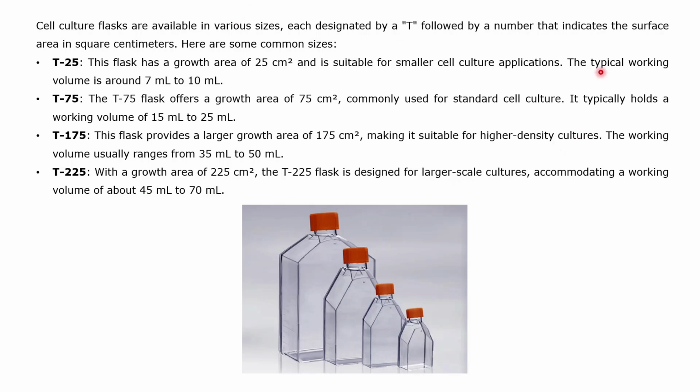So these are what the terms dictate. There are four kinds of flask: T25, T75, T175 as well as T225. Depending on how much culture you want to do, the requirement changes, and you can choose accordingly. So does anyone have any doubt?